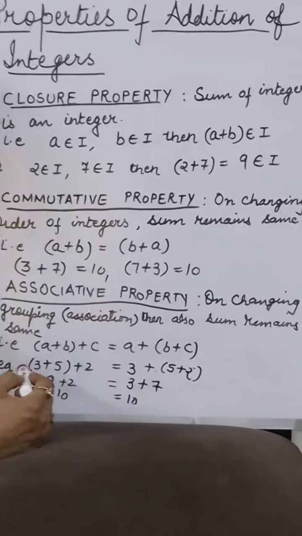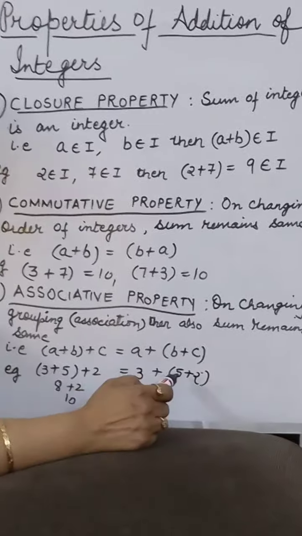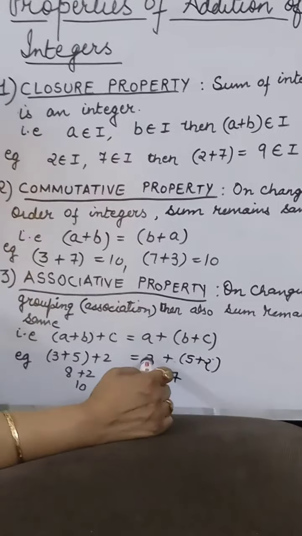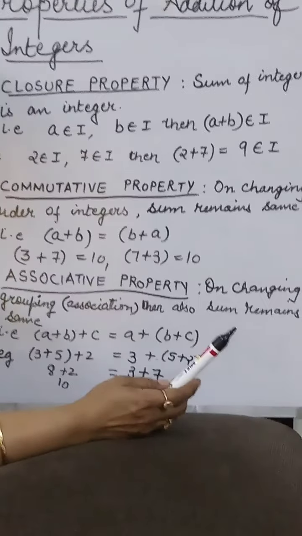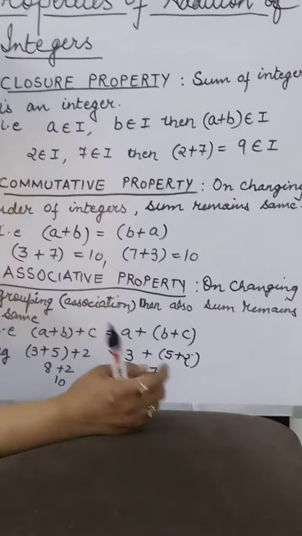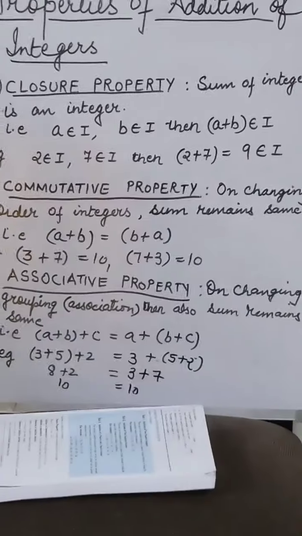So we changed the grouping. Firstly we took the group of 3 and 5. Then we took the group of 5 and 2. We can also take the group of 2 and 3. And then we will find that on changing the grouping also the sum remains the same. So associative property holds for addition.